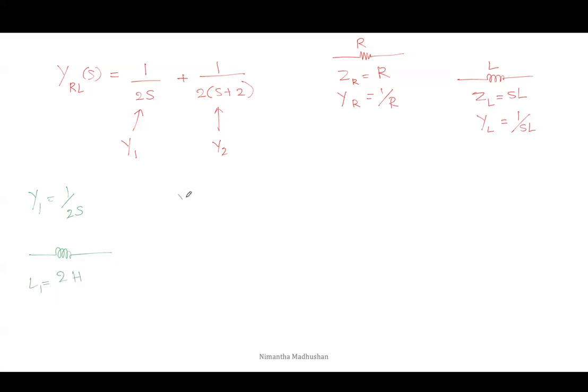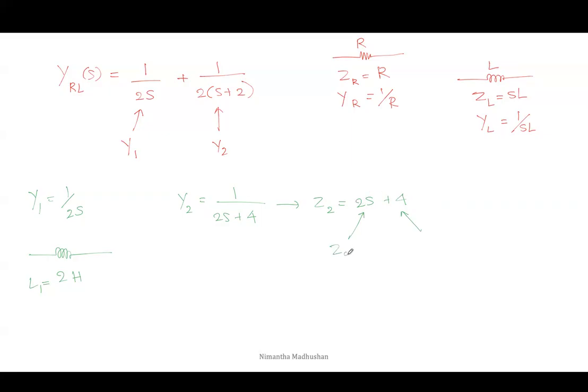Then I consider Y2. It is equal to 1 over (2S plus 4). For that one, I consider the impedance value Z2. It will be 2S plus 4. Then I have to find what elements are represented by each term, 2S and 4.